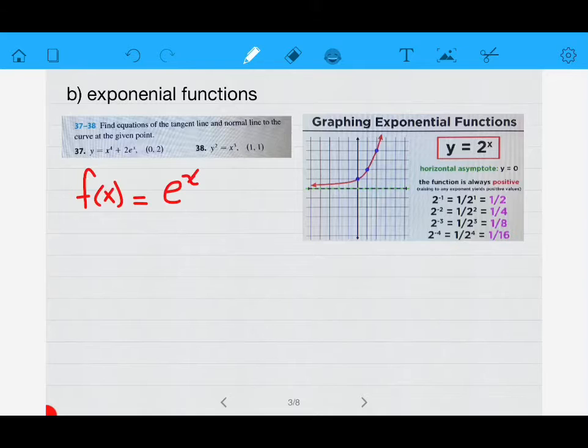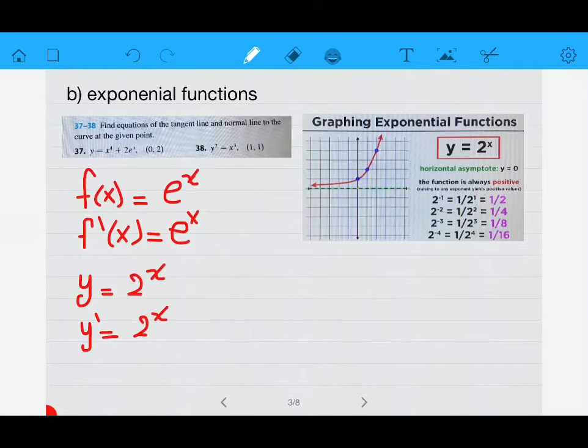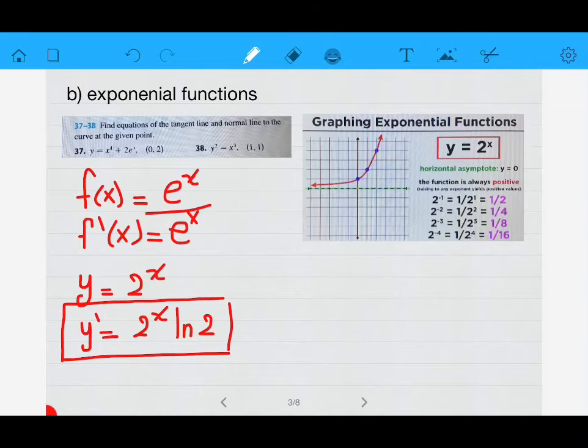Now f of x equals e^x, the derivative is f prime x equals the same thing, e^x. But if I ask you what is the derivative for y equals 2^x, this is also an exponential function. We say y prime equals the same thing, 2^x, but we write ln of the constant, ln 2. Okay, these are the two examples for the exponential.